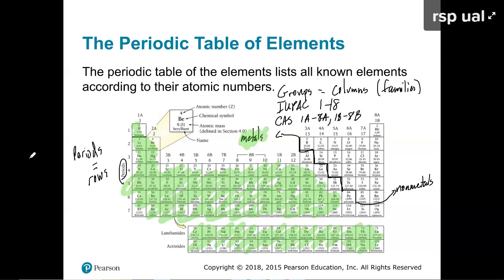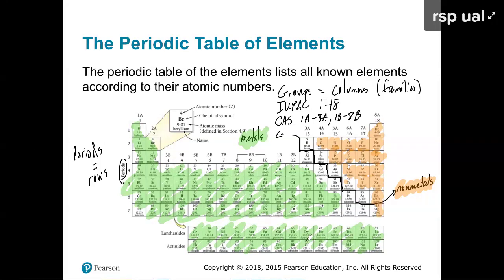And on this side, these are your nonmetals. Now, pretty big gap in terms of the number of metals versus nonmetals. There are far more metals than there are nonmetals.